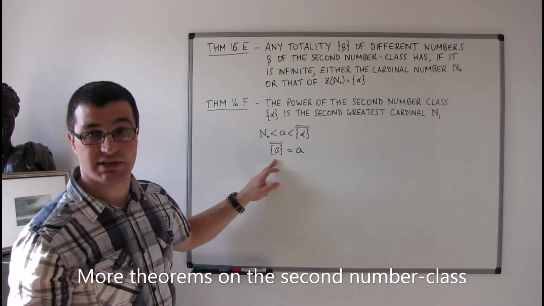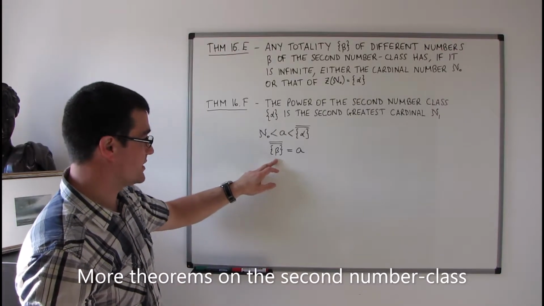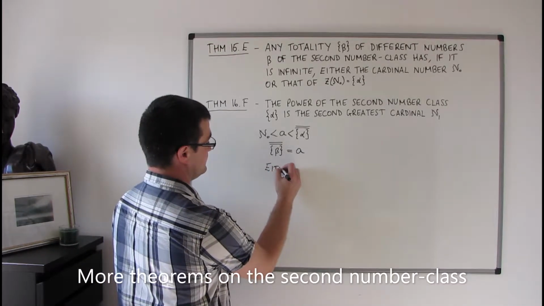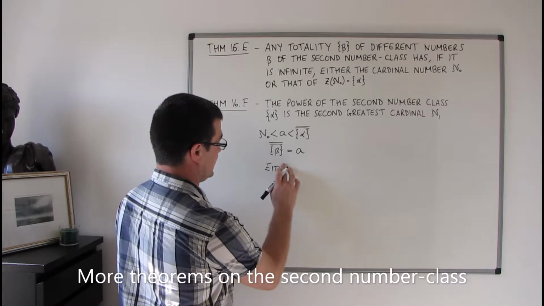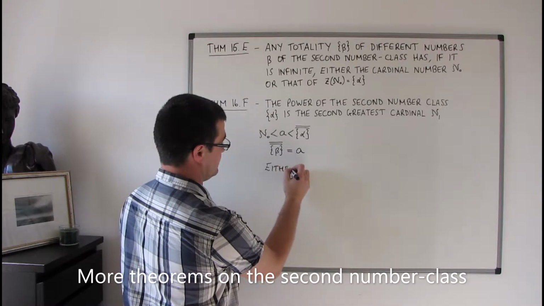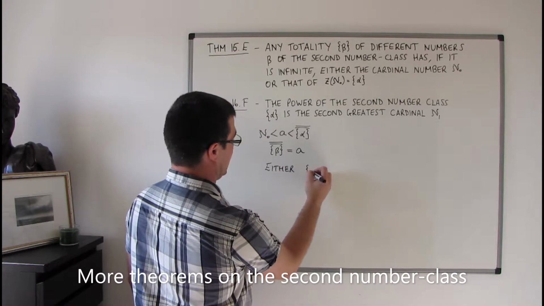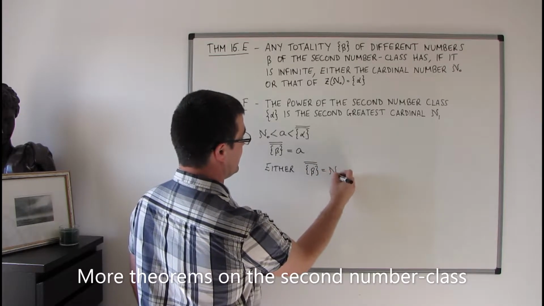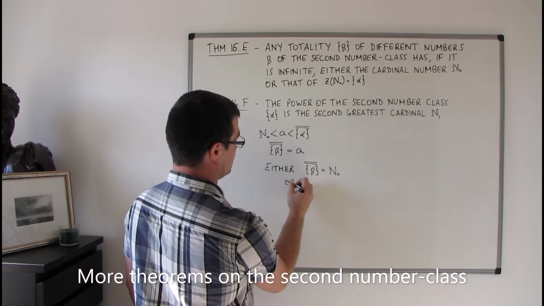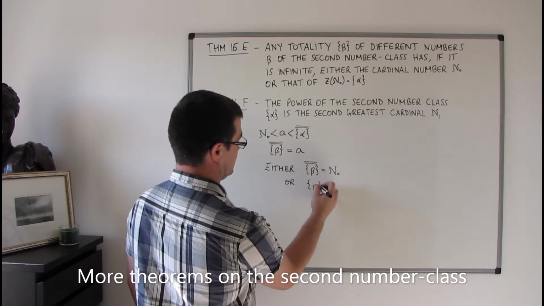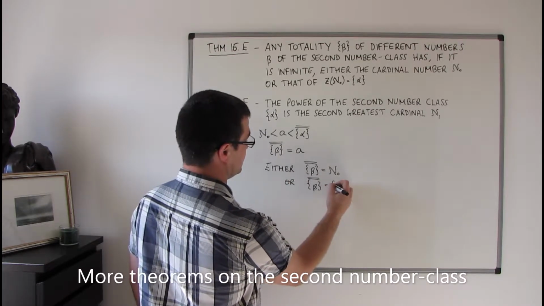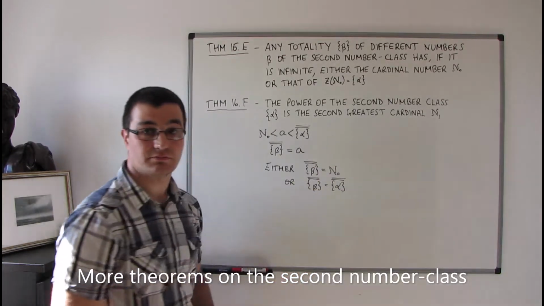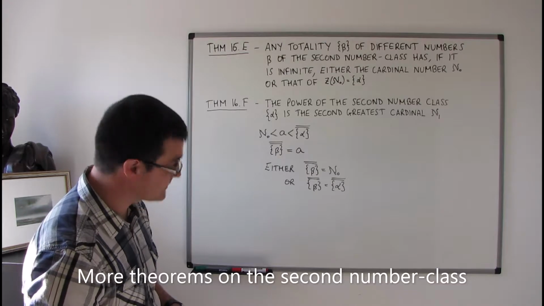So, okay, we're not really interested if it's finite, so let's assume that it's infinite. Then either the power of this aggregate is equal to Aleph naught, or the power is equal to the power of the second number class.